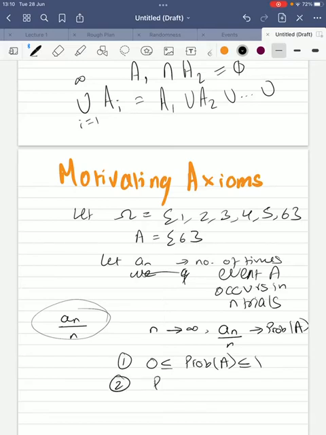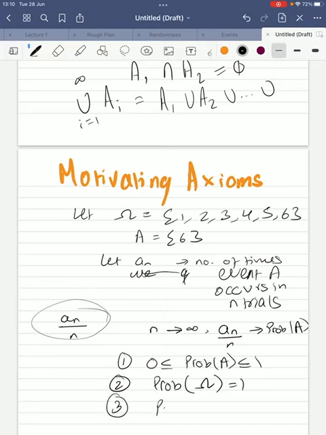The second thing we can be certain of is that prob of the sample space is 1. So the sample space is 1, 2, 3, 4, 5 or 6. So each time you roll the dice, you will be certain to get something in your sample space, right? So the number of times the sample space occurs is n, and that is then n over n, which becomes 1, which tends to 1 as n goes to infinity.